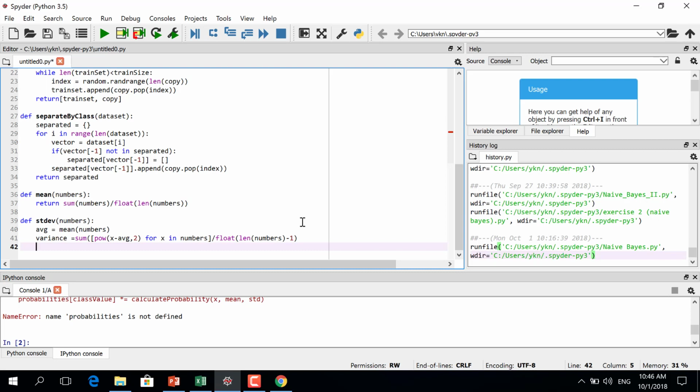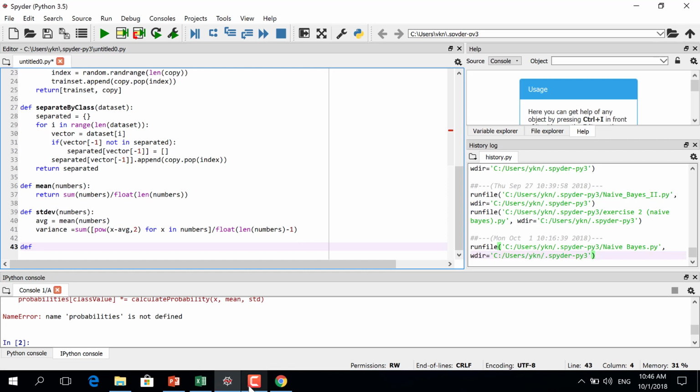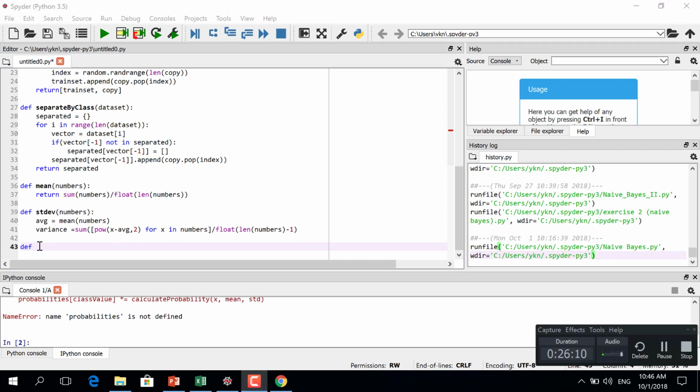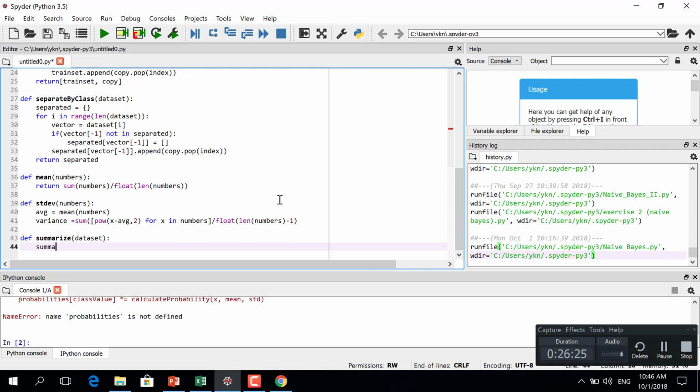All right, so we have to summarize the data by defining the summarize function for the data set. The summary is equal to: we summarize everything we have, the count, for instance the mean and standard deviation, as well as the variance.